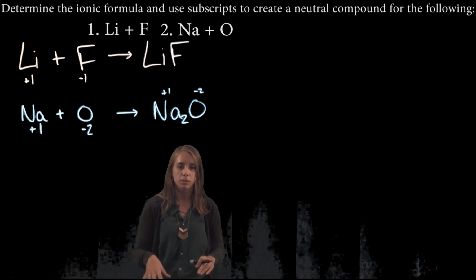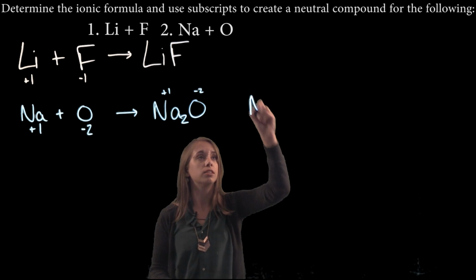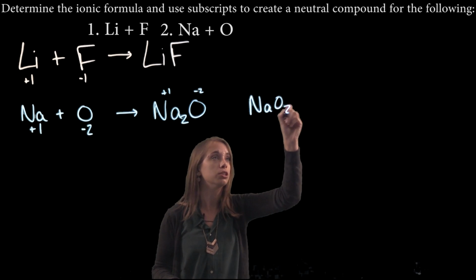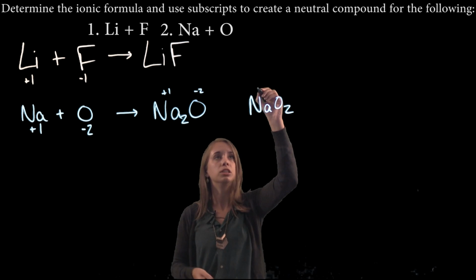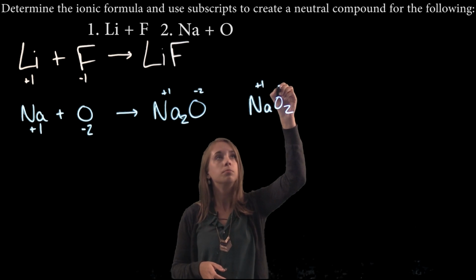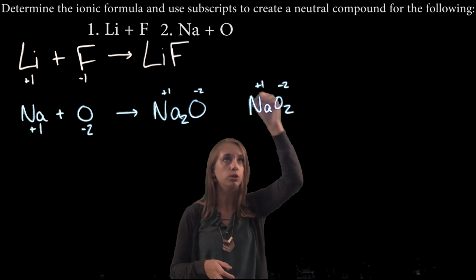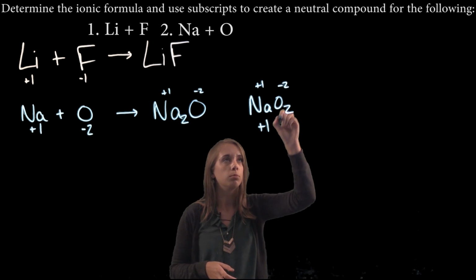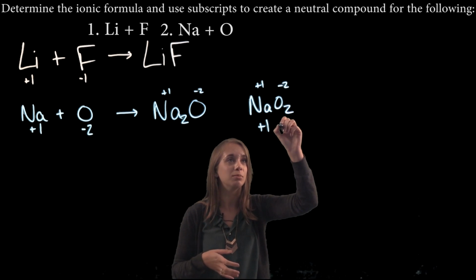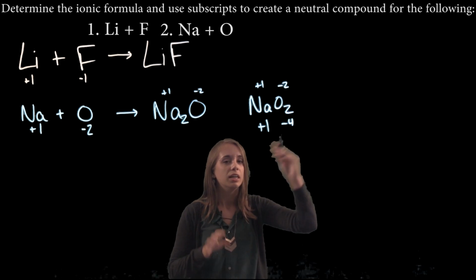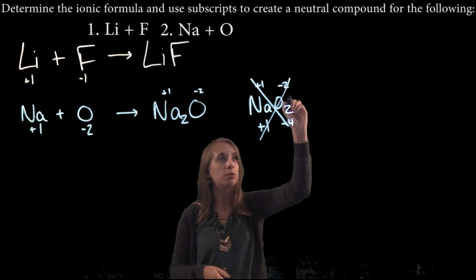It might not seem to be an intuitive thing to do at first, and in fact, a lot of students will write NaO2 the first time, but this is incorrect because, as you can tell, you will have +1 times only one sodium atom, giving you an overall +1, and a -2 times 2 oxygen atoms, giving you a -4, and that's not a good thing. That is very, very bad.